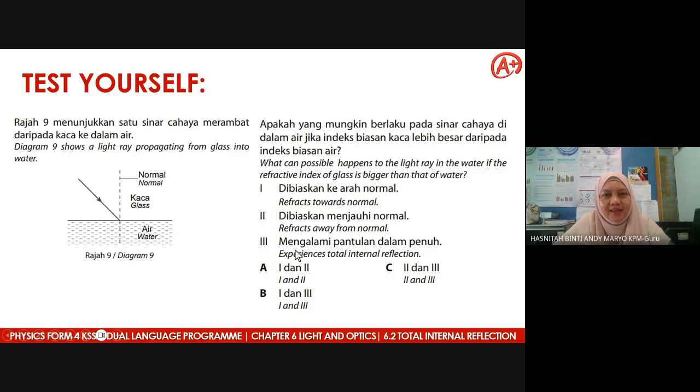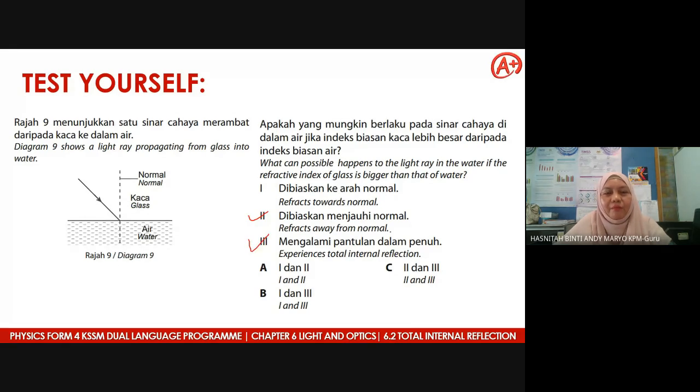And then C, is it possible to experience total internal reflection? Possible, because it travels from high optical density to low optical density. When I is greater than C, then total internal reflection. So which one is the possibility? This is the second and the third choice.